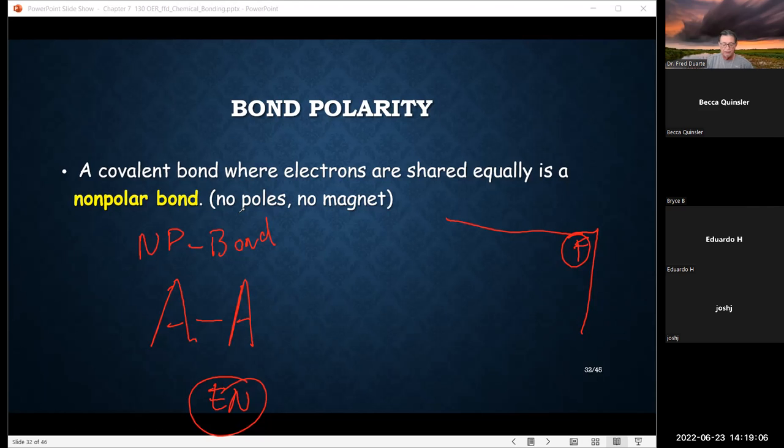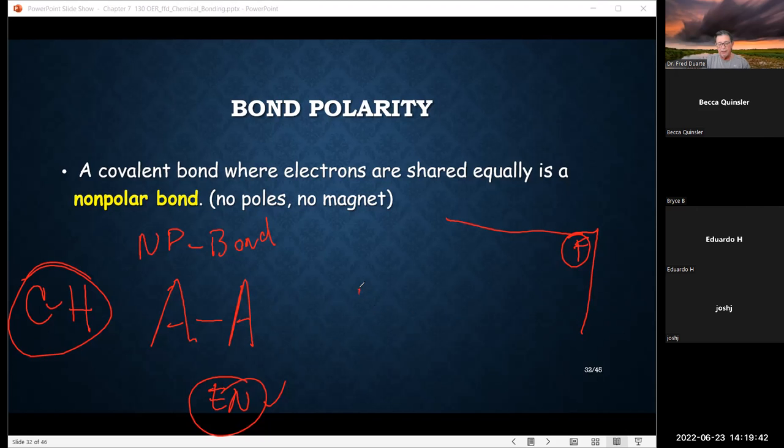Now here's another bond that I want you to put in long-term memory. Carbon, hydrogen, okay? All carbon-hydrogen bonds, because their electronegativity value is essentially the same, are considered non-polar bonds, okay? Let me repeat that. All carbon-hydrogen bonds are considered non-polar bonds. Now, we'll come back to the periodic table in a second.